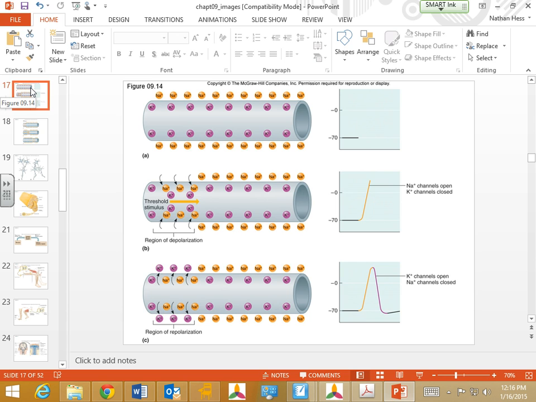You start bringing that sodium in, and that depolarizes the neuron. It changes from a negative to a positive, right? Yes? So what is this? This is an action potential. We're talking about how that signal is sent down the nerve.